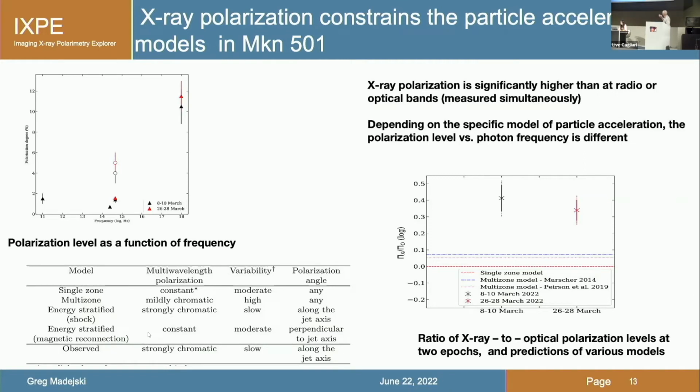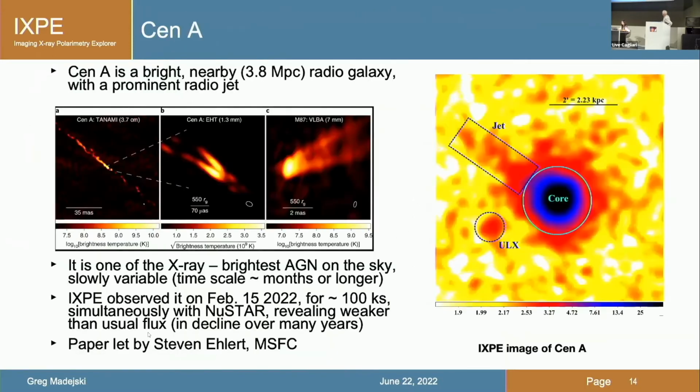So we actually have this in this table on the left hand side as the most appropriate models for this source, the most appropriate one.